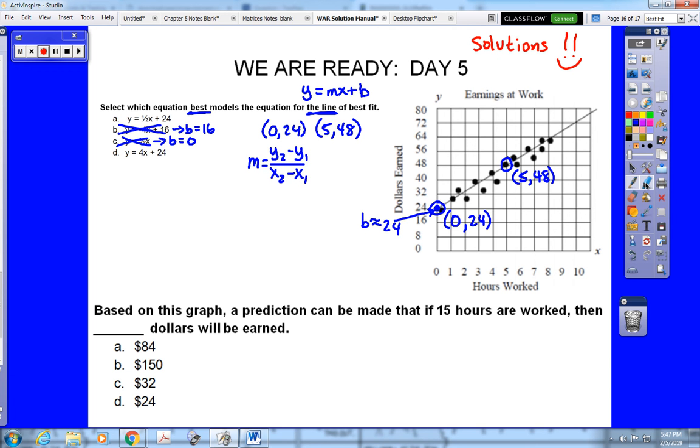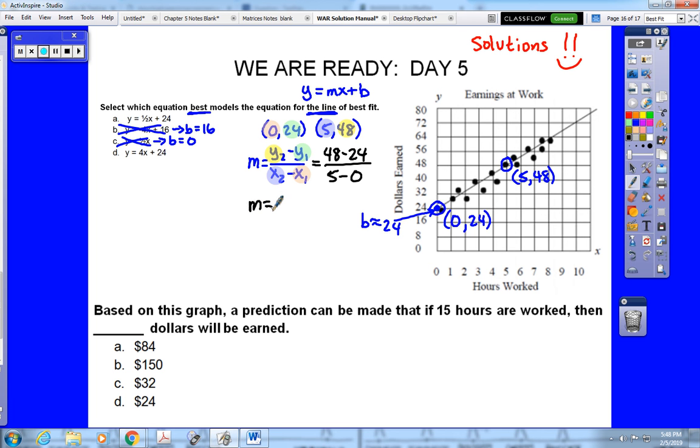Now remember, your y values and your x values are coming from points here, okay? We have an x1 and a y1 and an x2 and a y2. So we're going to plug those numbers in and get an approximate slope. So that's 48 minus 24 over 5 minus 0.